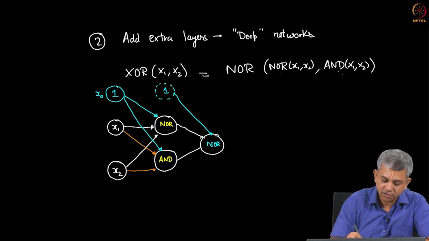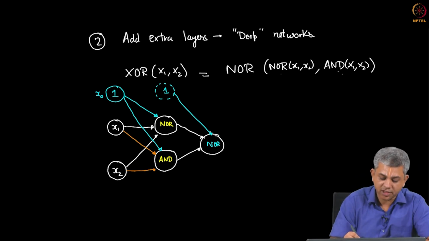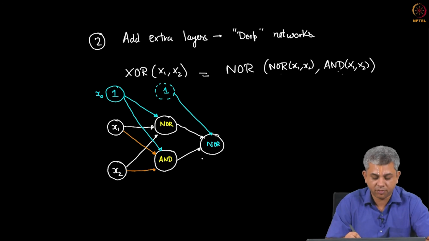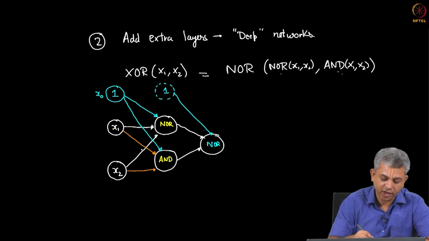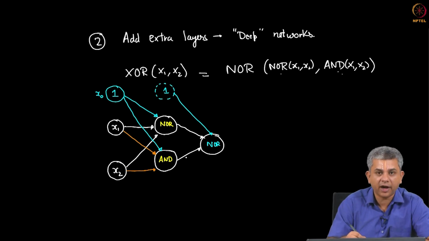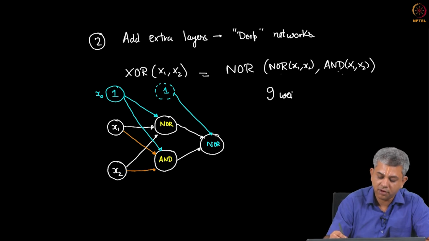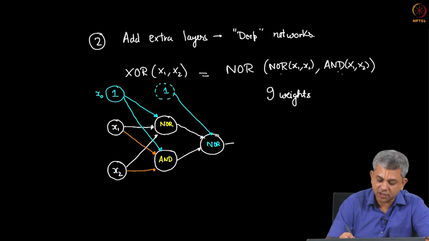These weights once again were the same weights as this NOR gate. So, you can now see you have 1, 2, 3, 4, 5, 6 weights here and 3 more weights here. We have a total of 9 weights. The output of this, as we know, is XOR.